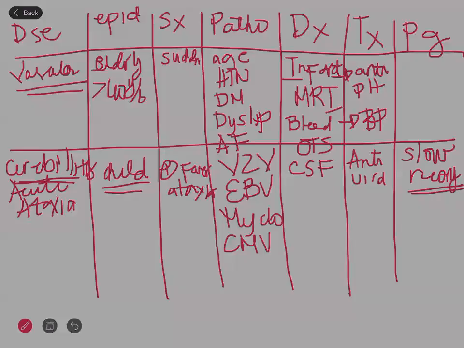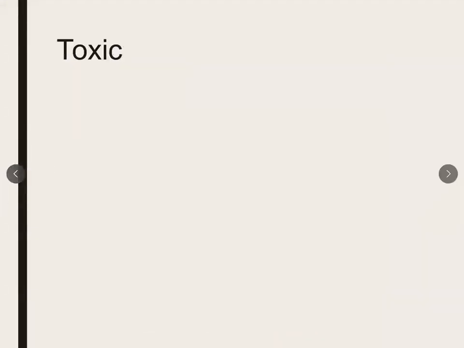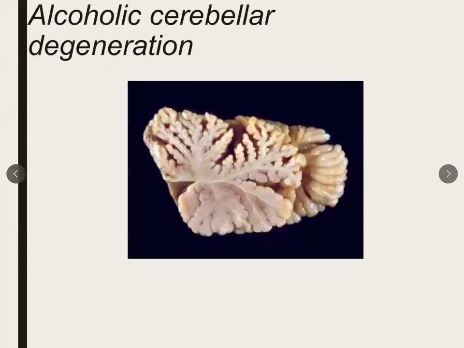And then toxic. For the toxic, most of you probably know this: alcoholic cerebellar degeneration. Always remember that ethanol, alcohol, has a predilection for the cerebellum.